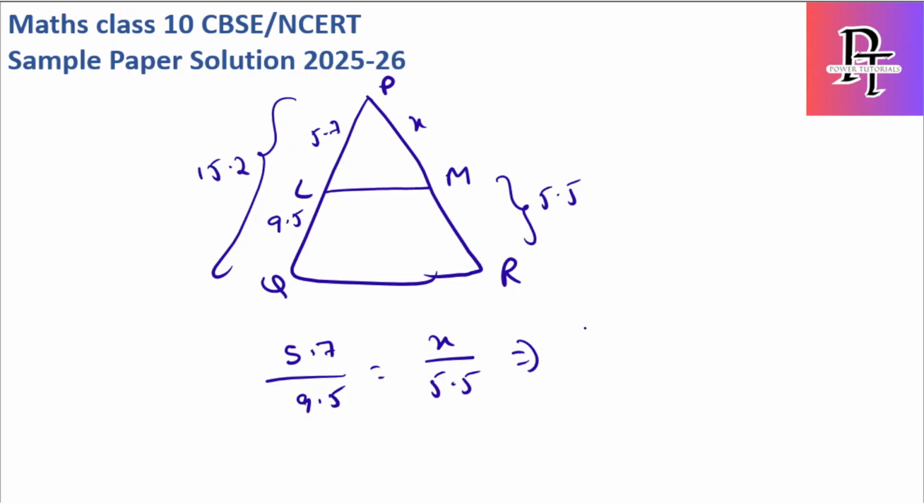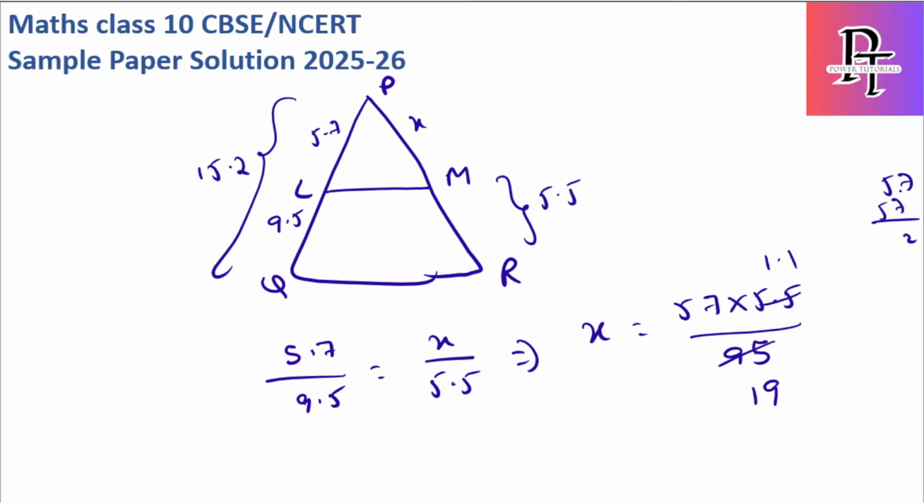So X is equal to 57 into 5.5 by 95. 57 into 11 gives 627, divided by 19.